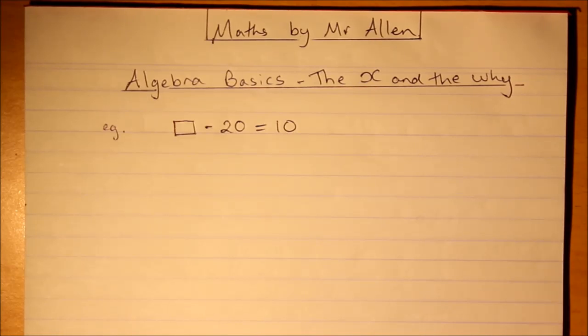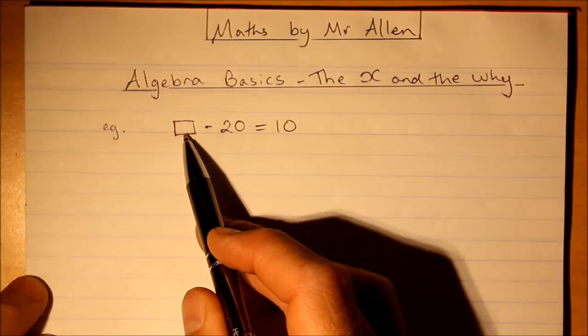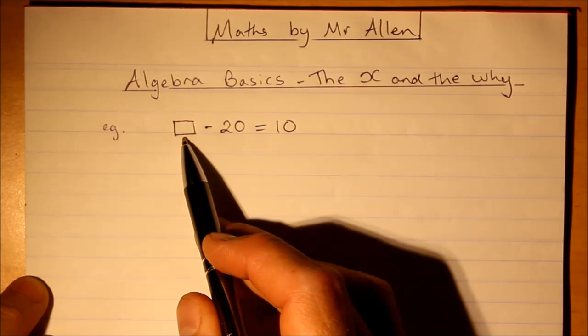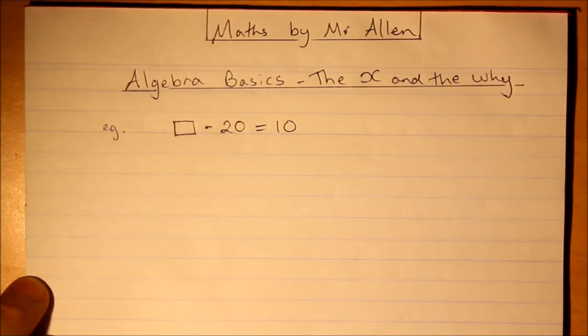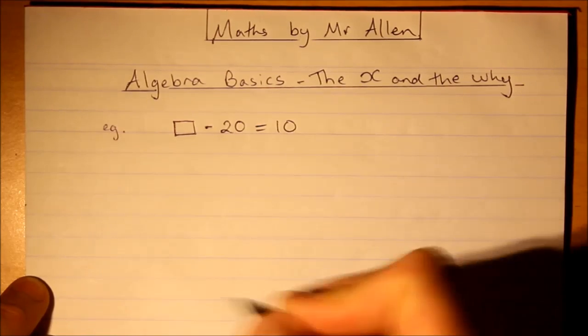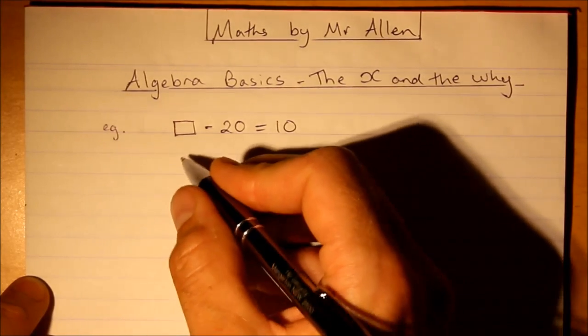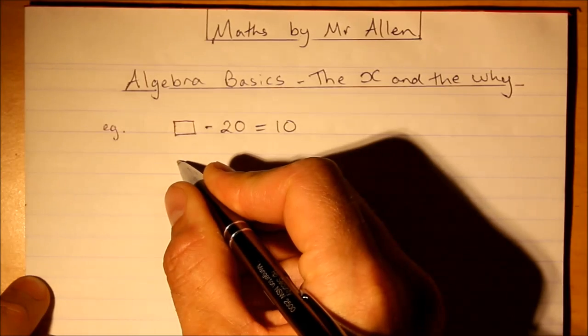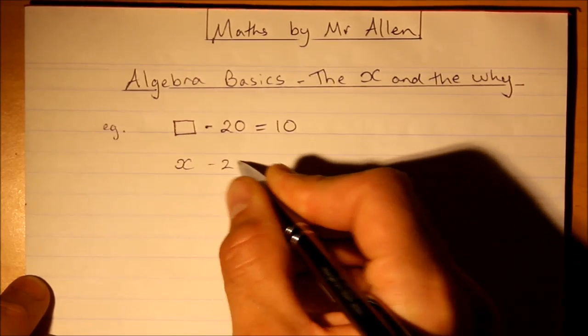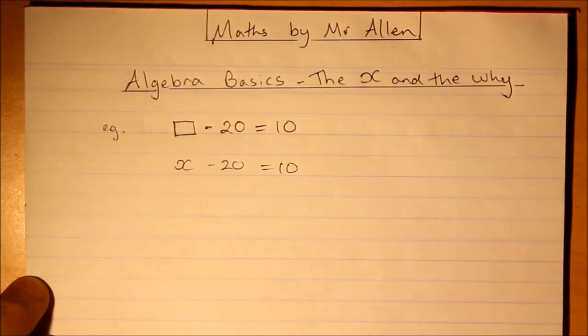So pronumerals or letters is simply going to take over this function of this box. It's going to hold some value, some unknown number as yet, but so we could rewrite this as x minus 20 equals 10.